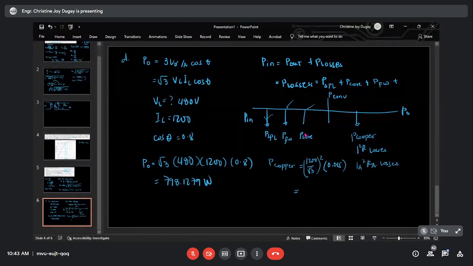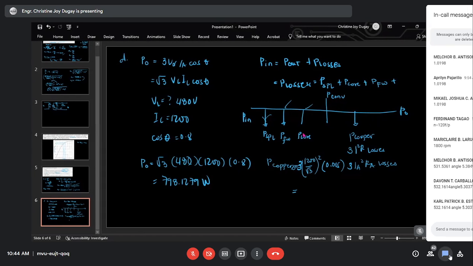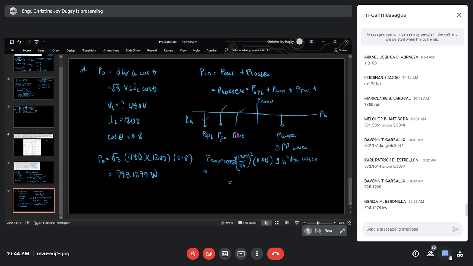This is just the per phase, no? Pero since that is 3-phase, multiply niyo siya ng 3, kasi per phase ang kinuha natin dyan. So 3 times 1,200 over square root of 3 quantity squared times 0.015. Please take note, this is 3-phase. Hindi po tayo kumukuha sa single phase.